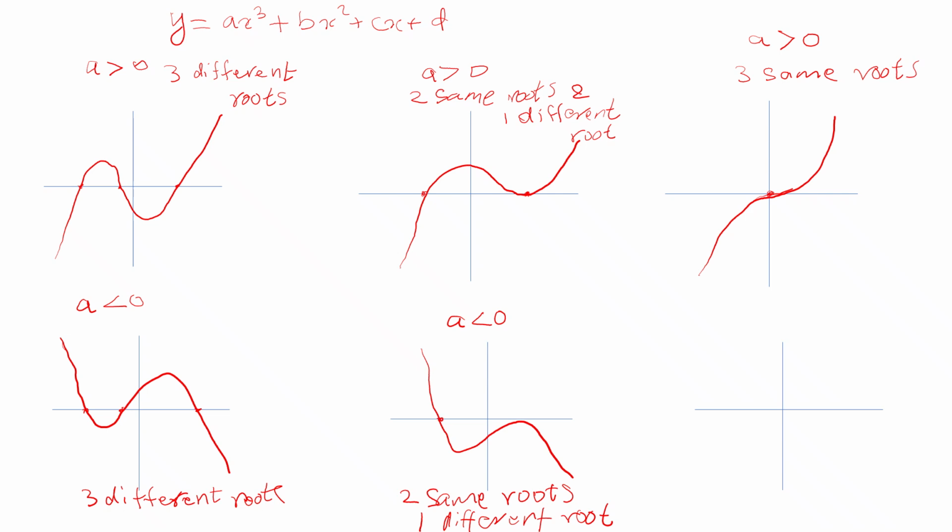This is one, this is another, same two roots, just touching the x-axis. Next one, a less than 0, 3 same roots. So the graph starts from the left hand side. These are the possibilities.